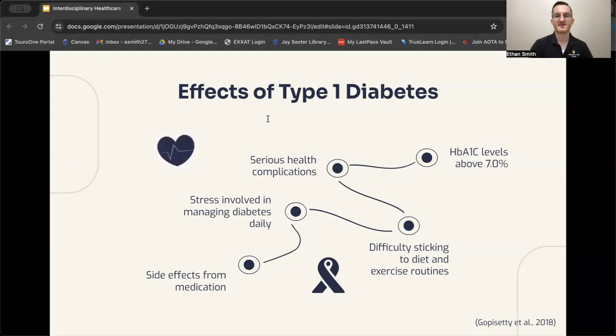Participants identified a variety of diabetes devices used to manage themselves, but despite this wide range of diabetes medication methods being used, many of them were experiencing serious complications related to their diabetes, including high blood pressure, eye and vision problems, neuropathy, and foot problems. Additionally, nearly two thirds of participants had an A1C level above 7.0%.